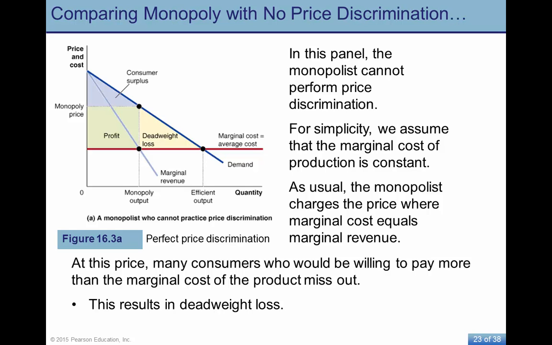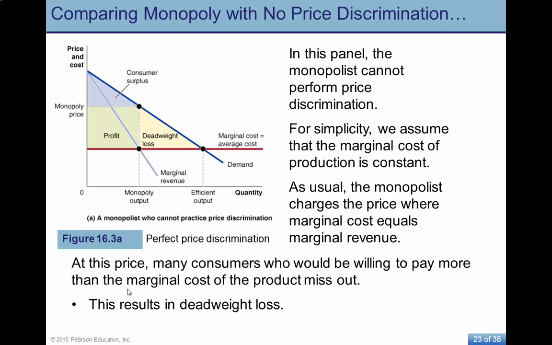As usual, the monopolist charges the price where marginal cost equals marginal revenue. At this price, many consumers who would be willing to pay more than the marginal cost of the product miss out. This results in deadweight loss.